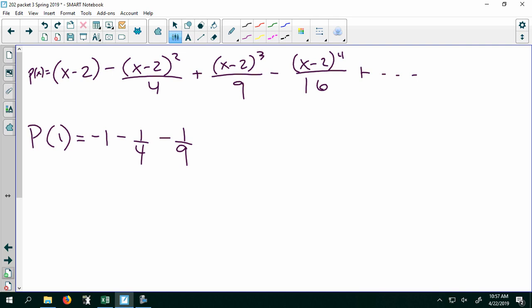And then if I plug a 1 in here, I get negative 1 to the 4th, which is positive 1. So I have minus 1/16 minus dot, dot, dot. So what happens here? What do you think? Convergence or divergence?